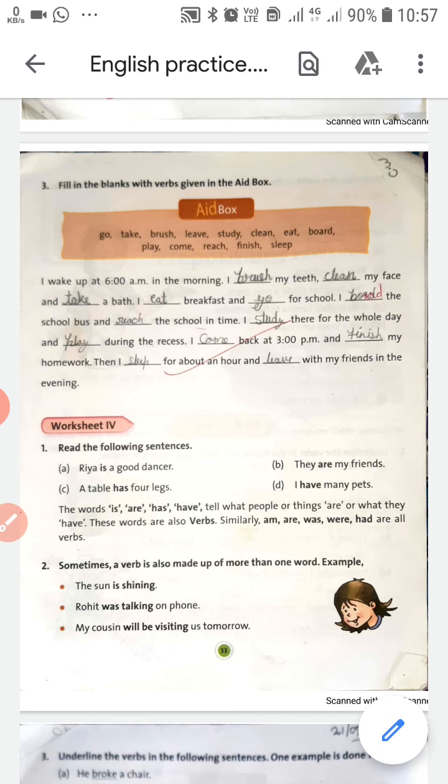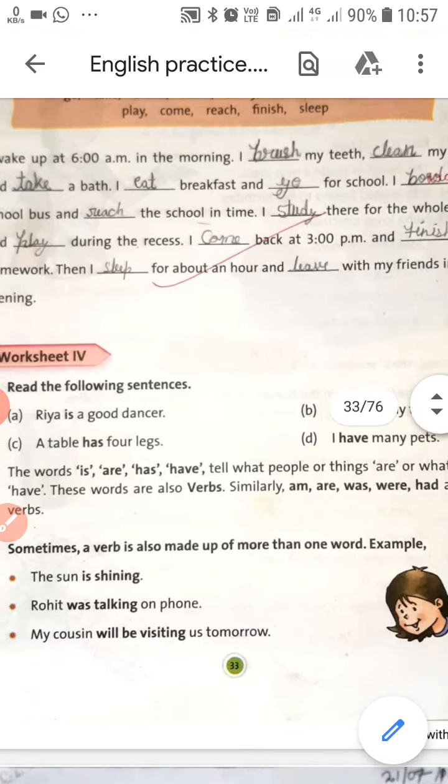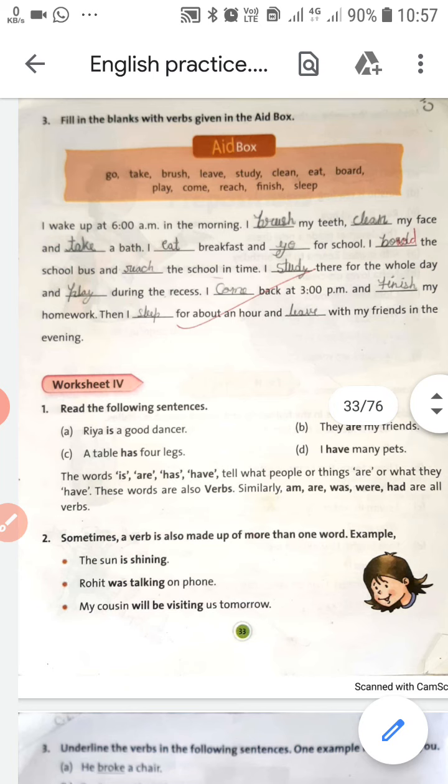So, today in online class, we start from page number 33, where I have told you about the person. Students, before doing this worksheet, you must know about the persons. What are persons? In English grammar, there are three types of persons involved.